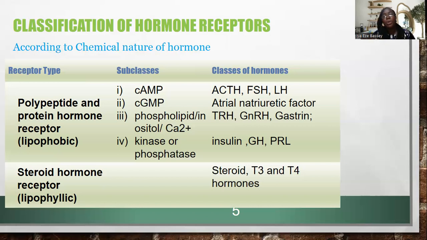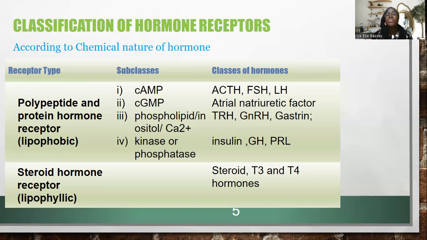Hormones that will have cAMP as a second messenger include your adrenocorticotropic hormone, your follicle stimulating hormone, as well as your luteinizing hormone. Those that have cGMP as their second messenger include the atrial natriuretic factor.